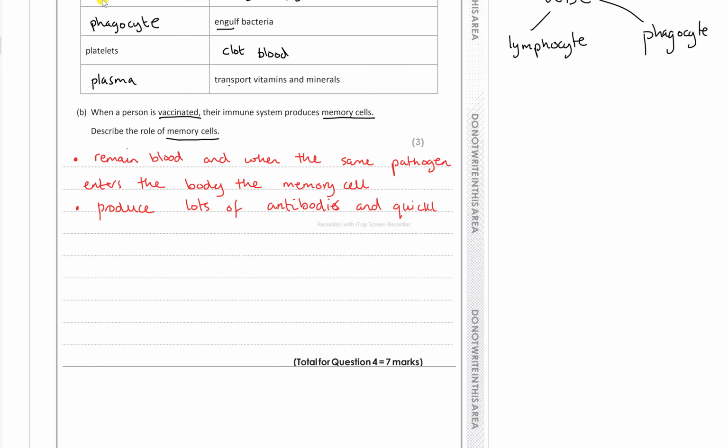They produce them, there are lots of them and quickly, to help kill off the pathogen.